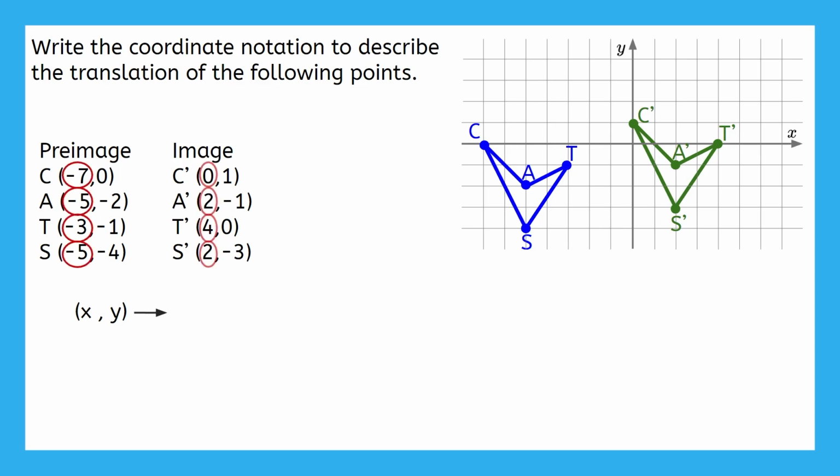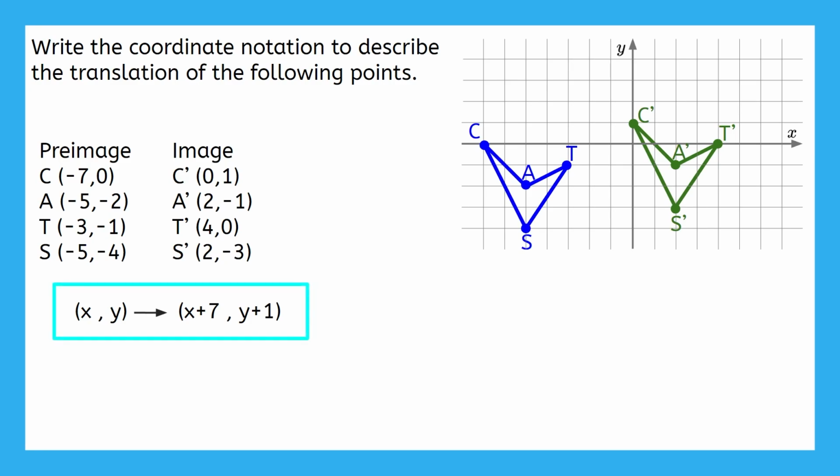Since 7 was added to each x value to go from the pre-image to the image, we show that by writing x plus 7. And since 1 was added to all the y values on the pre-image to get the image, we write that as y plus 1. And now we have our answer. This is the coordinate notation to describe a translation 7 units to the right and 1 unit up.